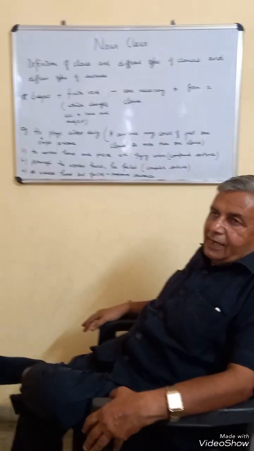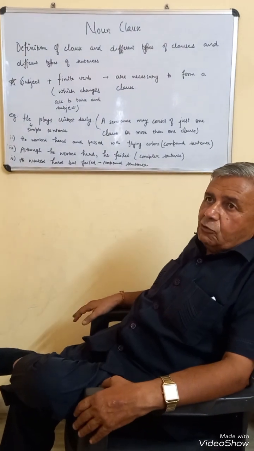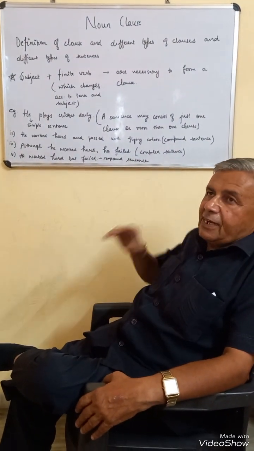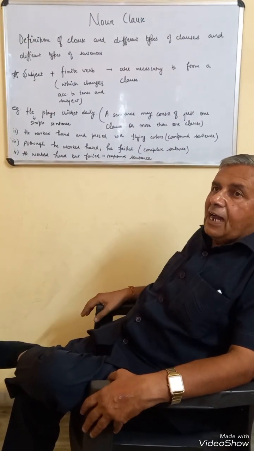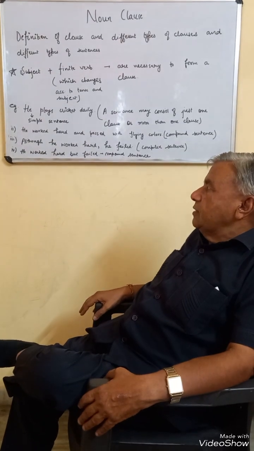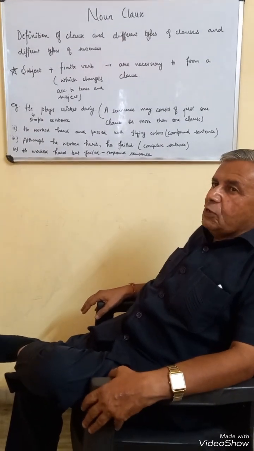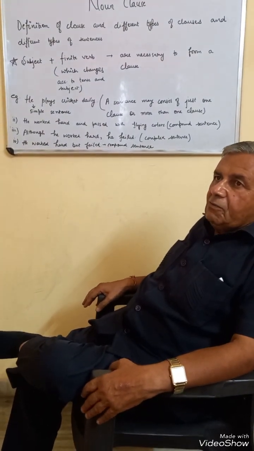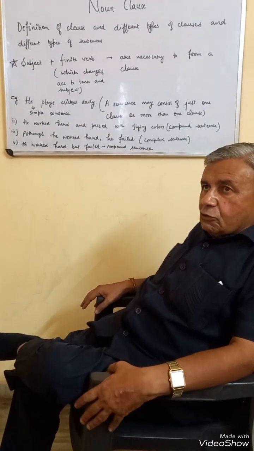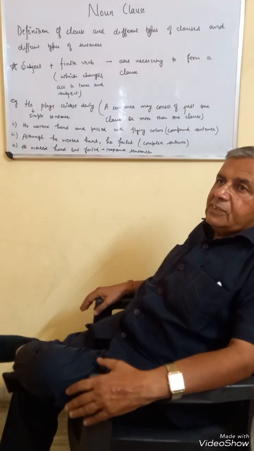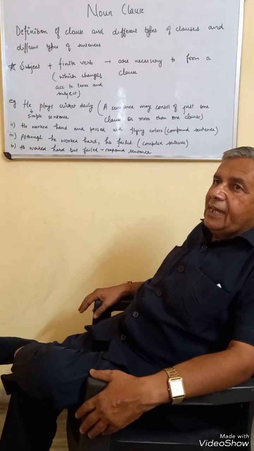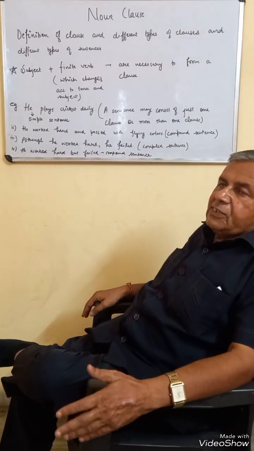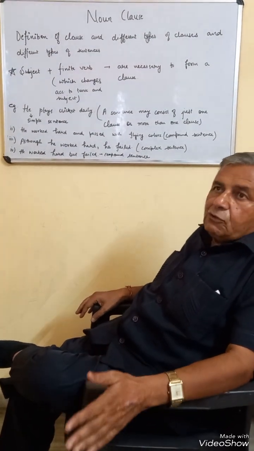This kind of sentence, which has one main clause and another dependent or subordinate clause, is called a complex sentence. There are three different types of complex sentences: one which contains a noun clause, the other which contains an adverb clause, and the third which contains a relative or adjective clause.